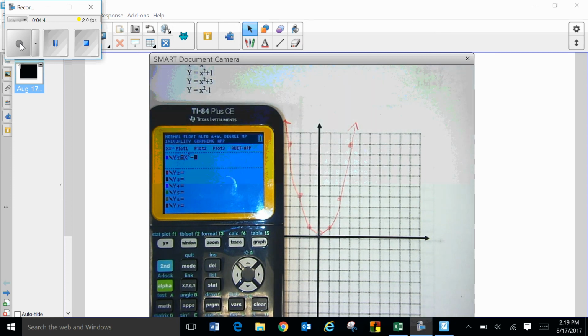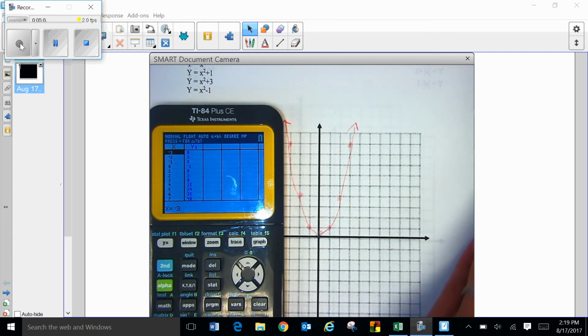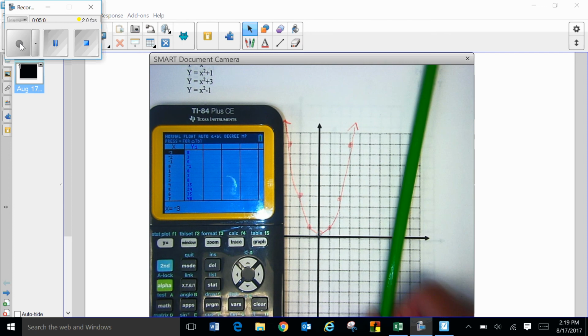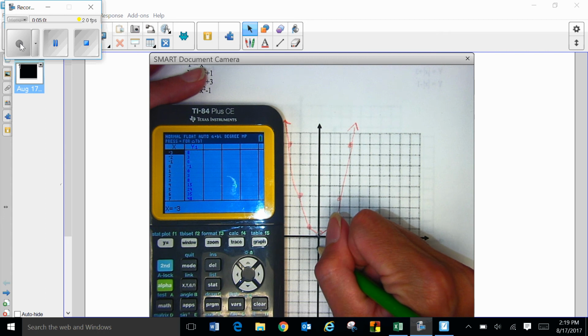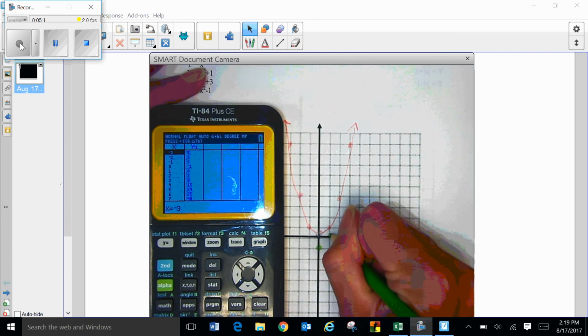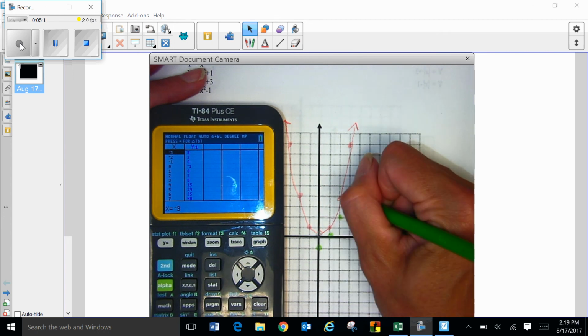Oh, it looks like the old one, except it seems to be down a little more. So I would still use my table. I get points off my table, and I would pick a different color pencil. Let's try green maybe, and I'm going to graph that in a different color. Now, I'm not going to spend a lot of time telling you what these points are. You guys can read the points, but you can see the fact that I would do the same graph again, but in green pencil.